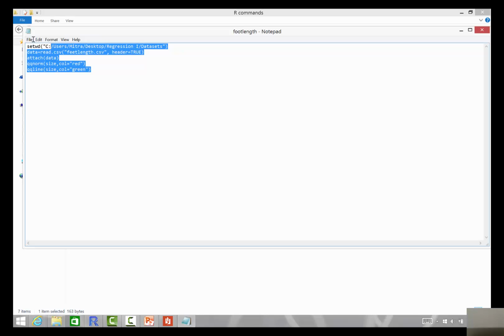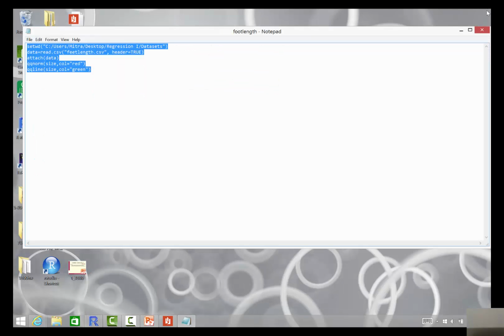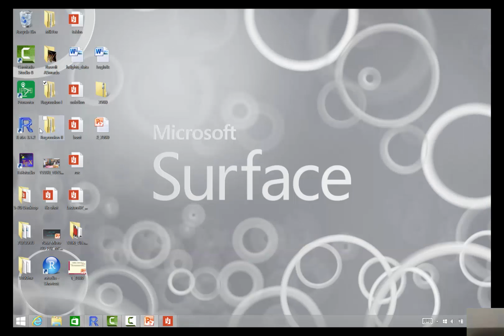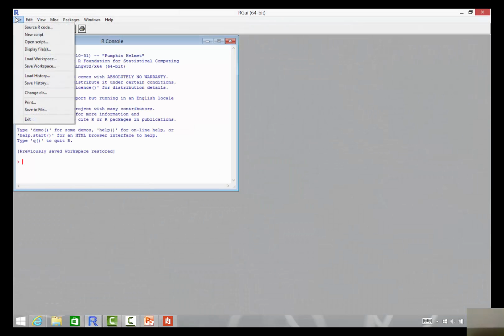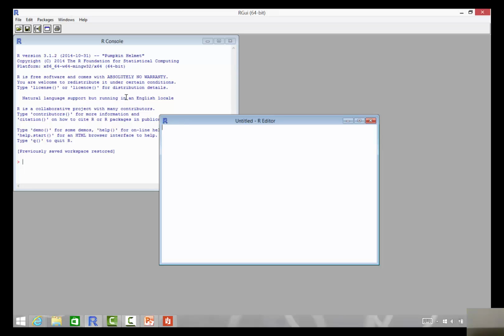To save time, I have written my R commands already here, so I'll go to R. I set my working directory, the one you have seen before, right? Nothing comes up, good. I need to read the data. The name of the data is foot length .csv.